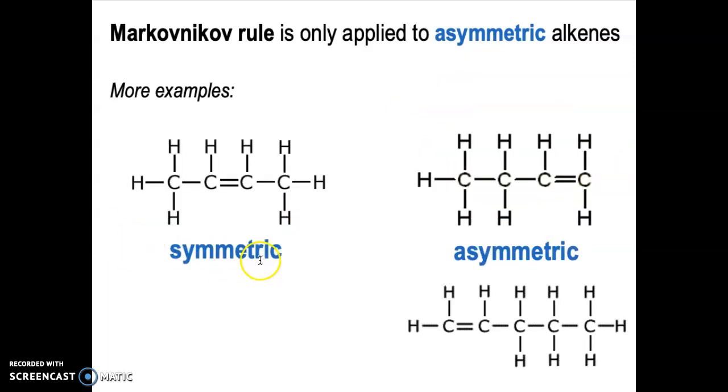So here what you'll see, this carbon's got 1H, this carbon's got 1H also, same number, symmetric. This carbon has 1 while this carbon has 2, different number, asymmetric. Again, carbon has 2, carbon has 1, different number, asymmetric. So that's how you determine whether an alkene is symmetric or asymmetric.